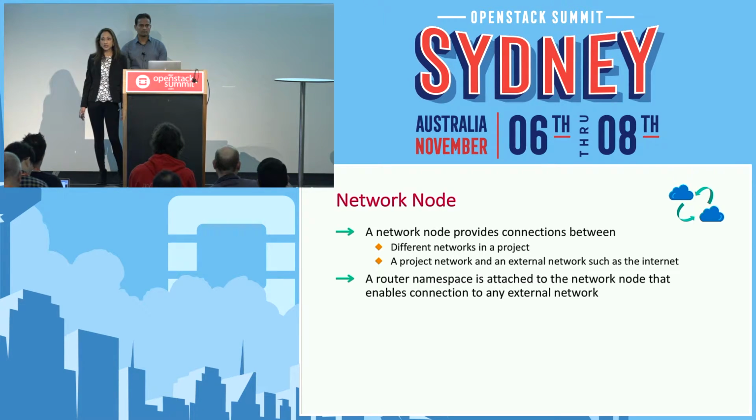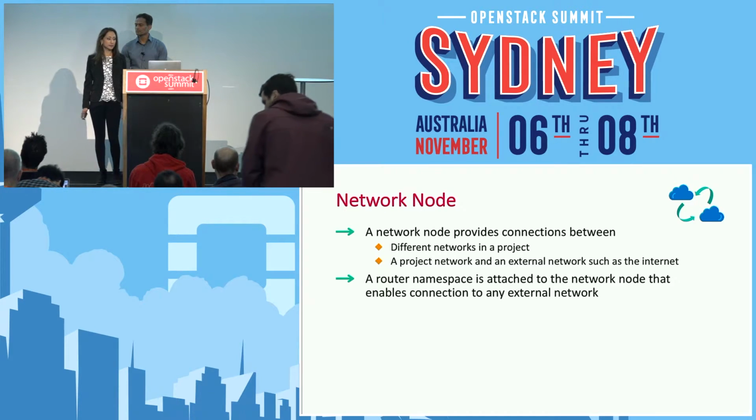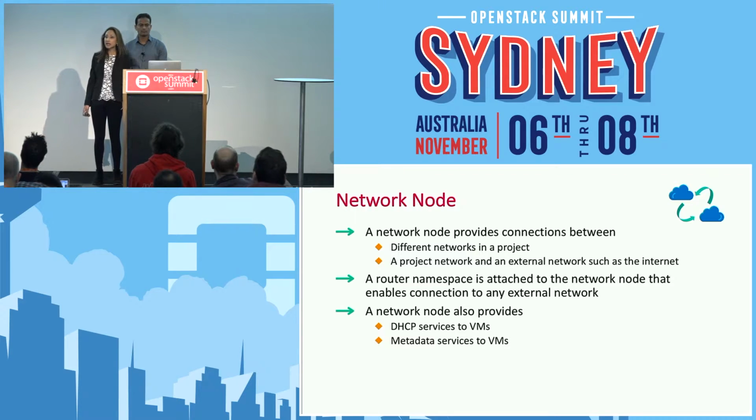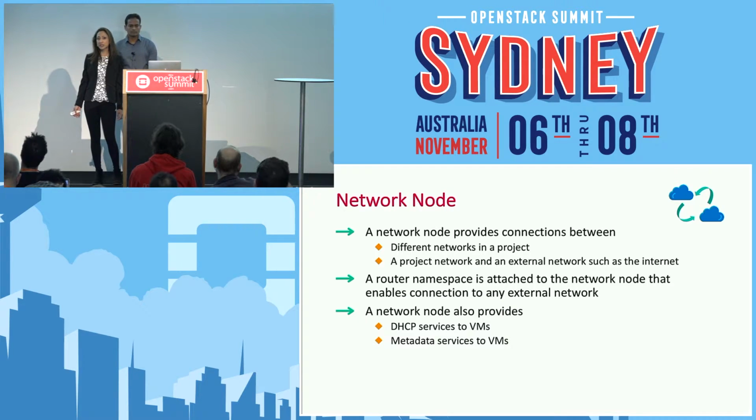A router namespace or a virtual router is attached to the network node, and that enables connection to an external network. We will be looking at network namespaces and virtual routers further on. A network node also provides to VMs DHCP services, which is configuration services. DHCP stands for Dynamic Host Configuration Protocol, and metadata services as well to VMs.